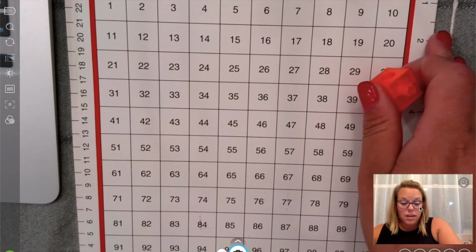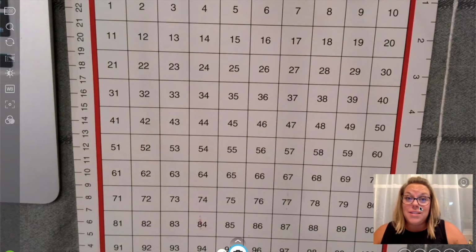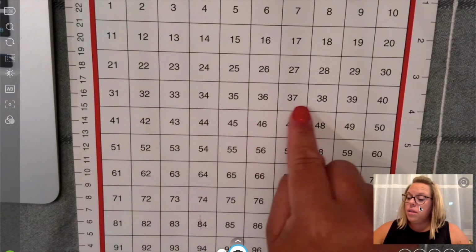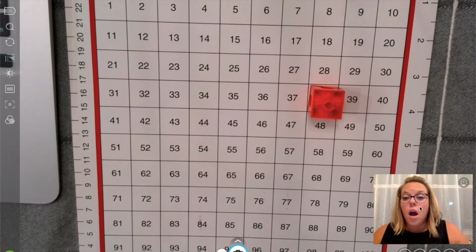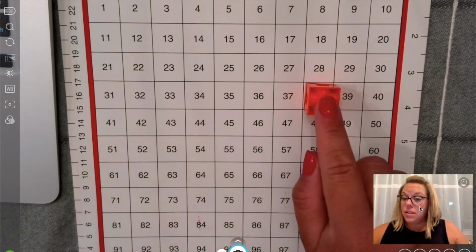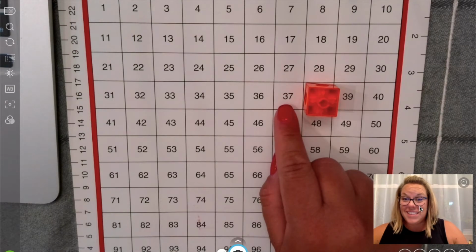Then I would like you please to find the number 38. In the 30s, 38. All right, friends, now we need to see what number is to the left of 38. To the left of 38 is 37.